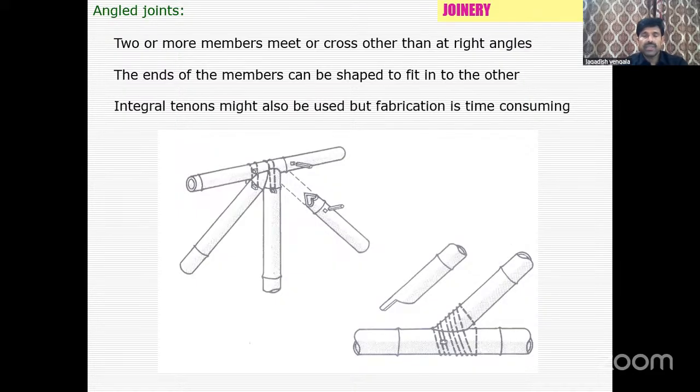Suppose at a particular column a number of members are getting joined, two or more members crossing at right angles. You can shape it out to the end of the members and then fabricate properly, but this type of method is a little time consuming.